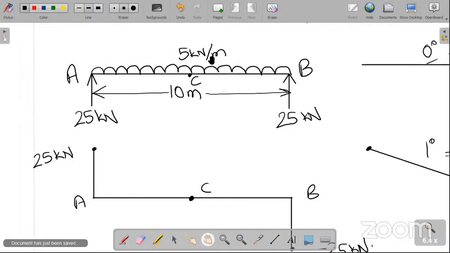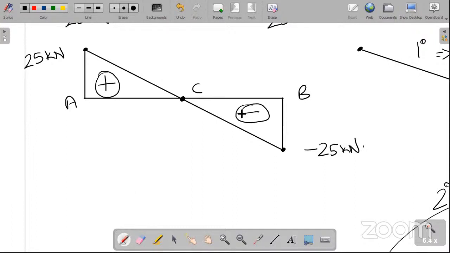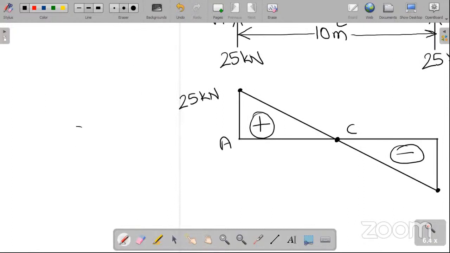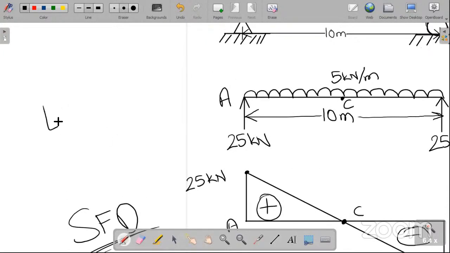So since our loading diagram is constant, our shear force diagram will be linear. That means just joining these points like this. So this is positive, this is negative. So this is your shear force diagram. And this was your loading diagram on the top.